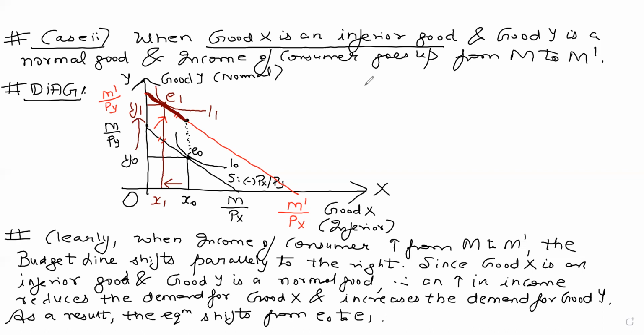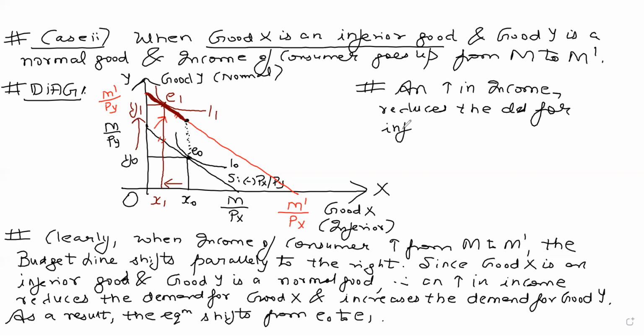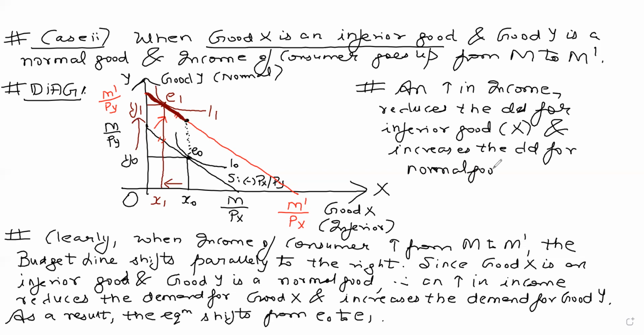So what do we learn? We learn that an increase in income reduces the demand for the inferior good, which in our case is good X, and increases the demand for the normal good, which in this case is good Y. So this is what we learned from case 2.